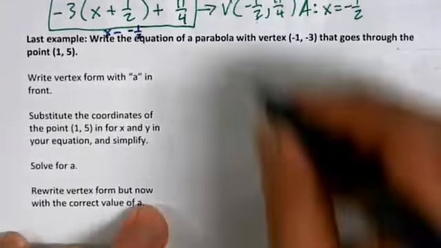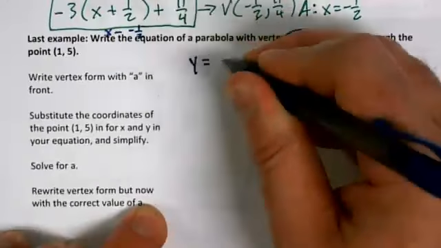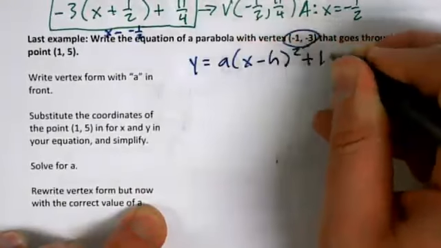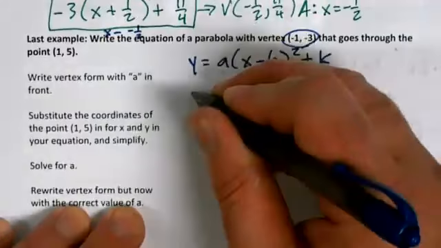And since they gave us a vertex, I'm already thinking about vertex form, which is y equals a times x minus h quantity squared plus k. And since they gave us the vertex, I know what h and k are, so I can get those into the equation.